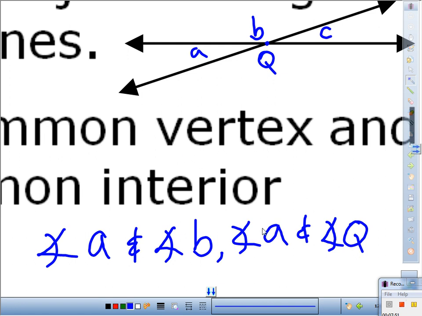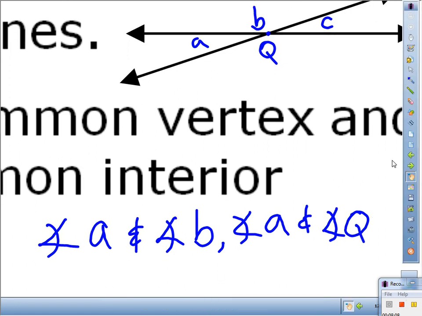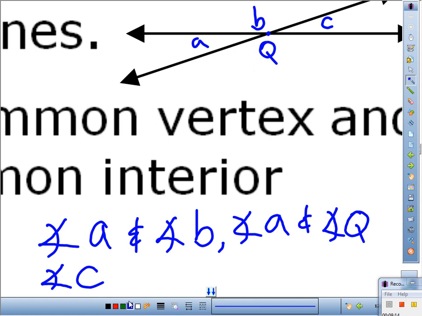All right. So, let's try this again. Looking at that same diagram, tell your neighbor what angles are adjacent to angle C. Talk it over with your neighbor, please. All right, what angles, Pedro?